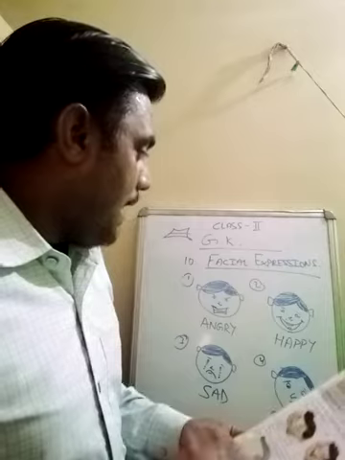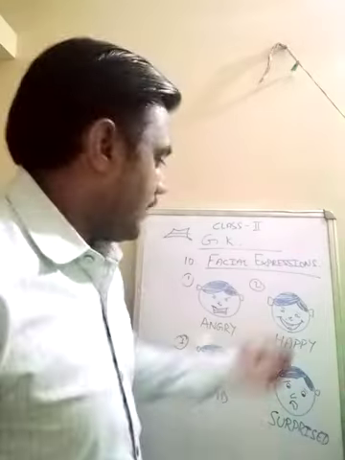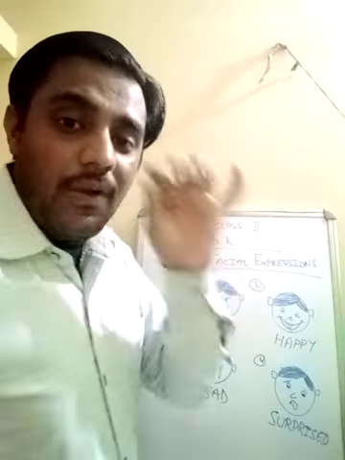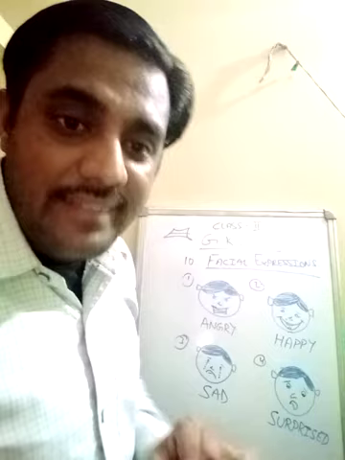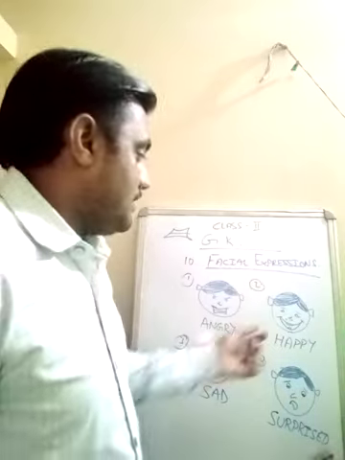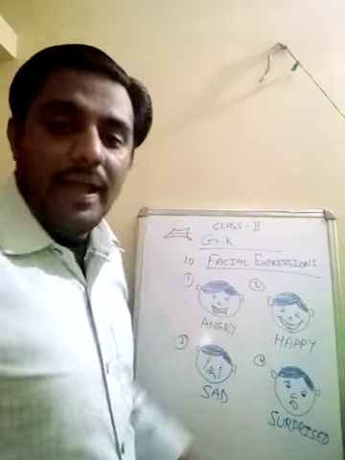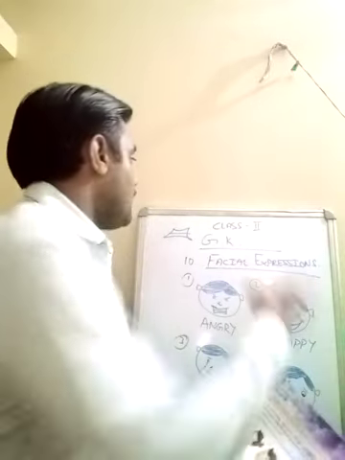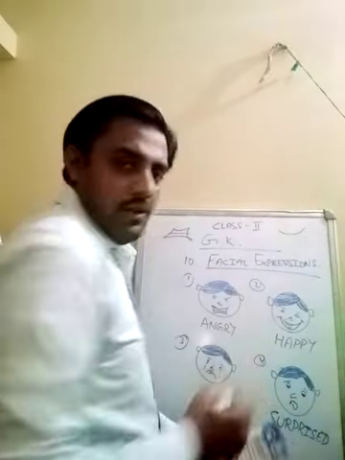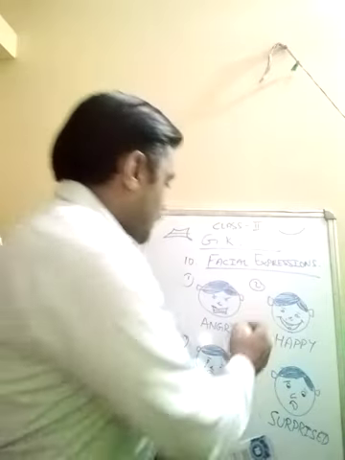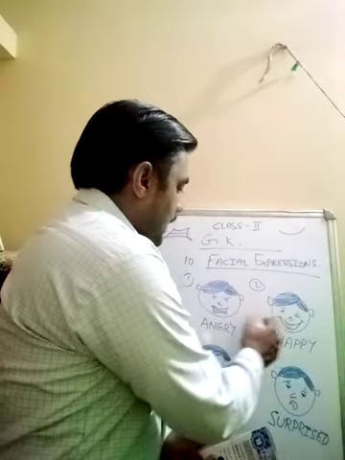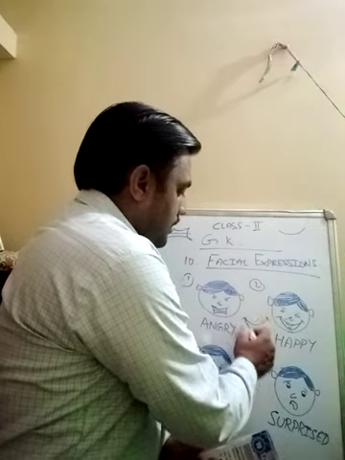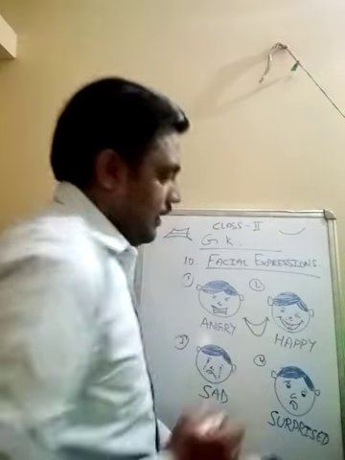And last one, happy. Happy is a bit easy to make. Happy, simple eyebrows, shining bright little eyes, and most importantly, dear children, a big smile. Now smile doesn't mean you'll make only one line like this. How you will do it? You'll first make a smile like this. Then from here in the corner you will take it out like this.